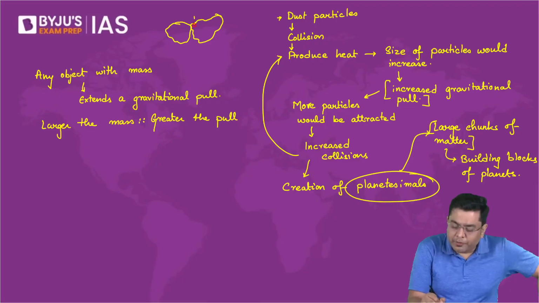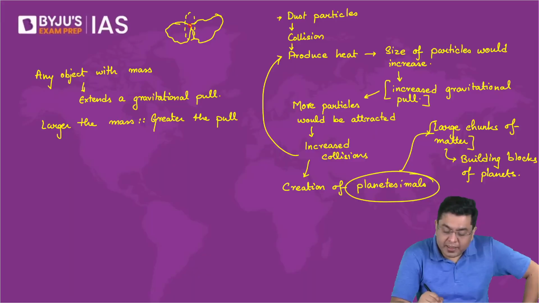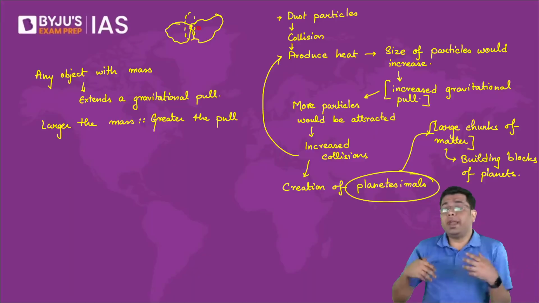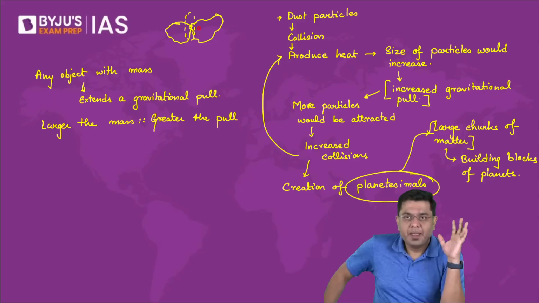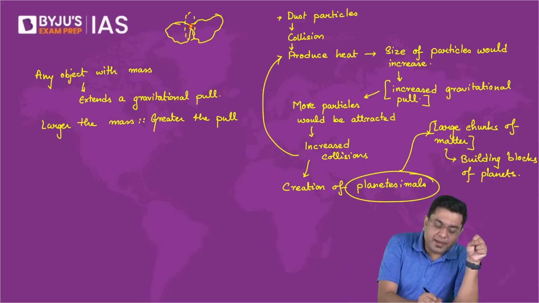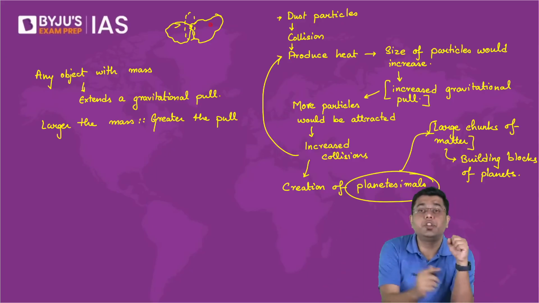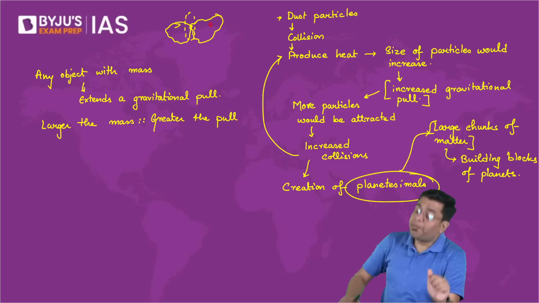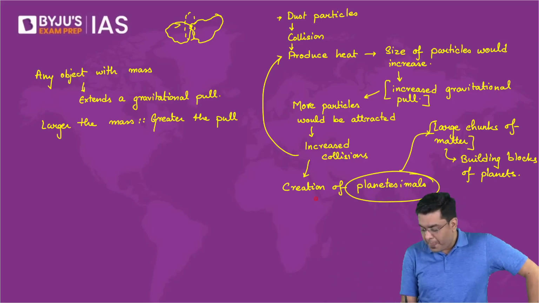At this point of contact, the heat produced would be so significant that the materials here would not only get liquefied, in certain cases, they would also get vaporized. And then these two planetesimals would make up a larger chunk. So these planetesimals also underwent collisions.